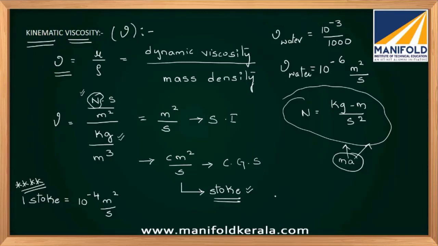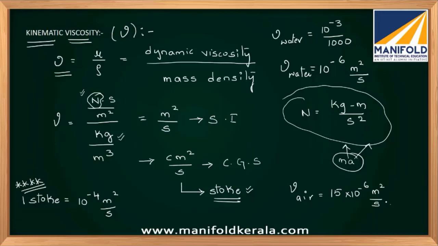What is the kinematic viscosity of air? What is the dynamic viscosity of air generally? We have seen the dynamic viscosity of air, right? Dynamic viscosity of air was 18 into 10 power minus 6. Nu is 15 into 10 power minus 6 meter square per second.